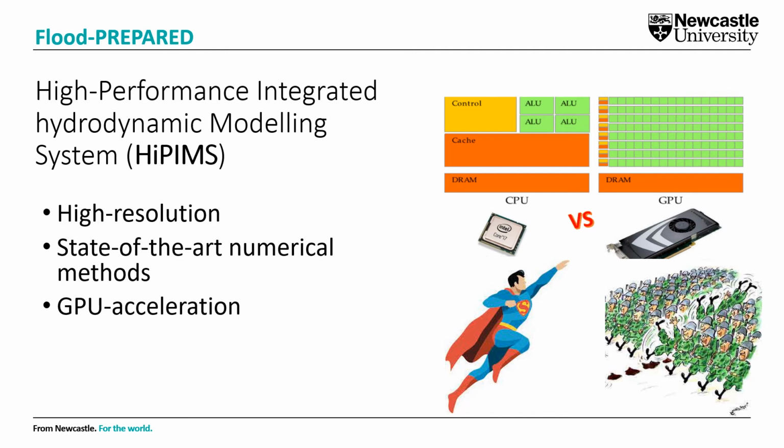So CPU is like a superhero for complicated problems, but GPU is an army for simultaneous working. Therefore, a GPU accelerated hydrodynamic model is much more effective than the CPU model in solving the flood simulation problems in a broader scale.